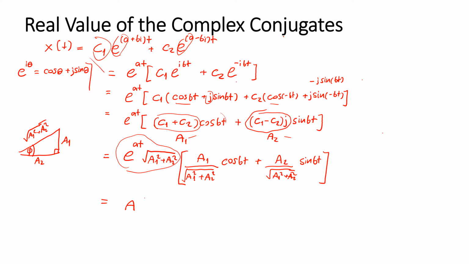And this one, if you see this triangle, it seems like we have sine of the angle phi multiplied by cosine bt, and we have cosine of angle phi multiplied by sine bt.